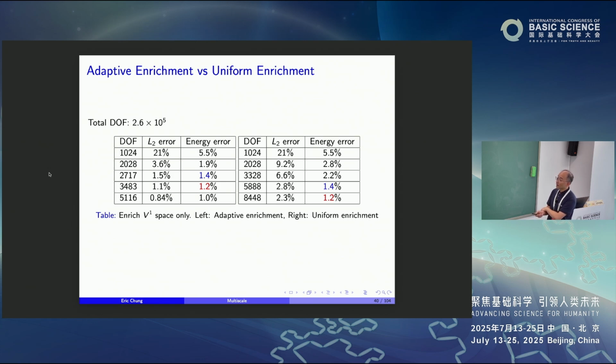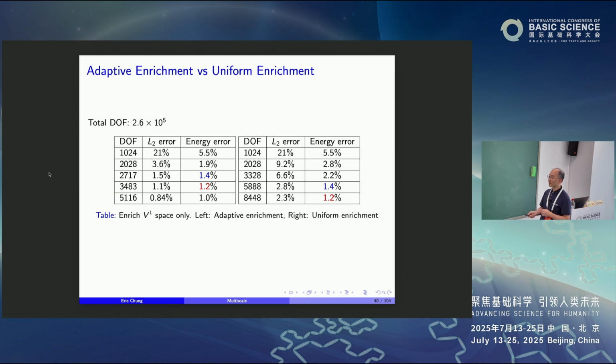Now, if you look at the original linear system, this 2.6 times 10 to the power 5 is the number of unknowns in the original linear system. So you see that the original system is very large. But next, if you look at what we do over here, on the left-hand side we apply this adaptive enrichment. In the first column, this is the number of unknowns in our scheme.